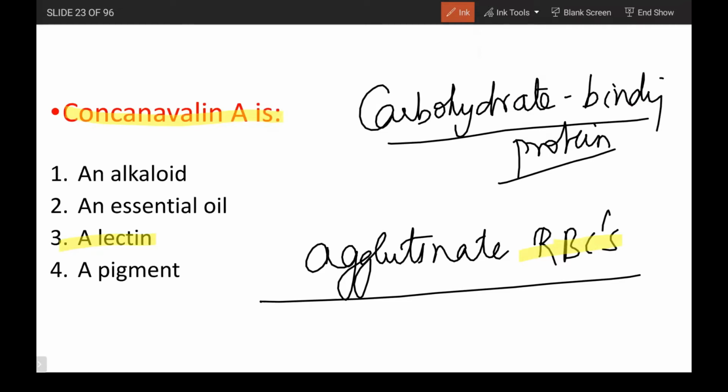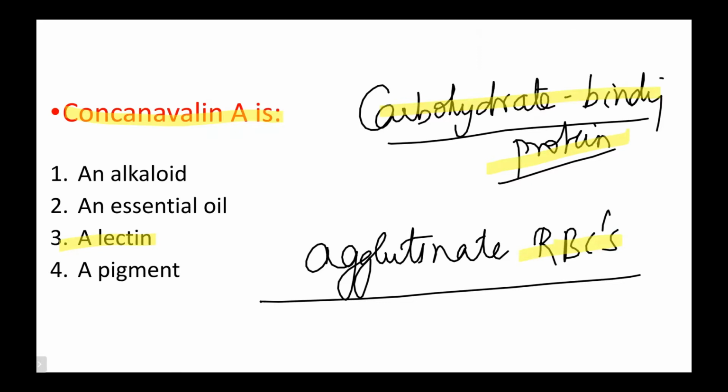So these lectins are very specific towards the sugar molecules of RBC, so they are going to agglutinate these RBCs. So it's a carbohydrate binding protein and it is mainly used in agglutination of RBCs. This is an extra piece of information regarding something we have learned today.